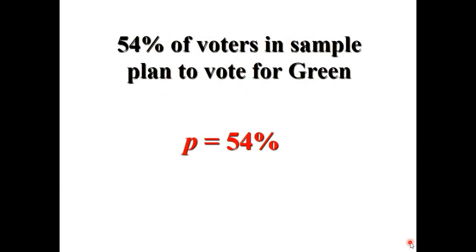The pollster learns that 54% of the voters in the sample plan to vote for Green. We say P equals 54%, or P equals 0.54. P is the symbol for this proportion in the sample.